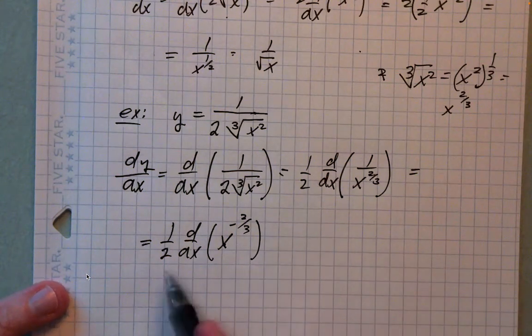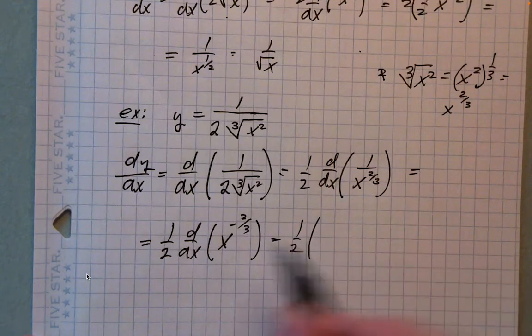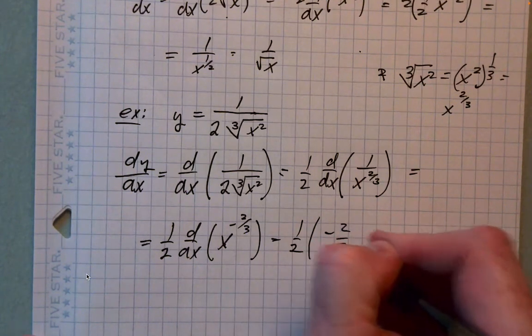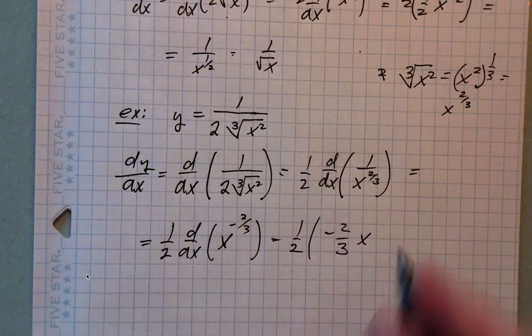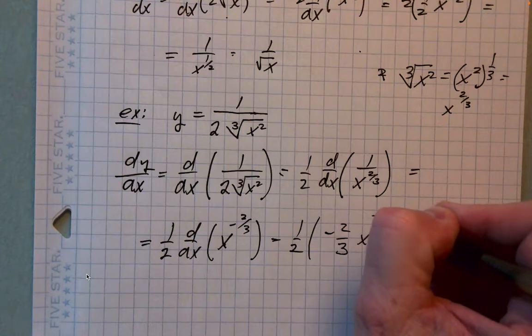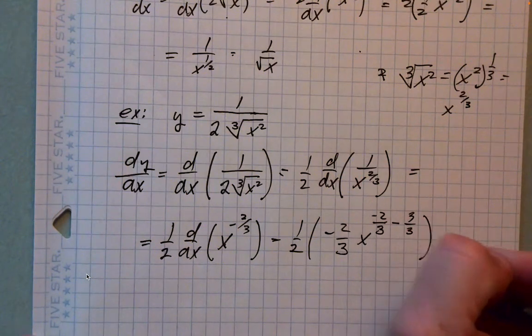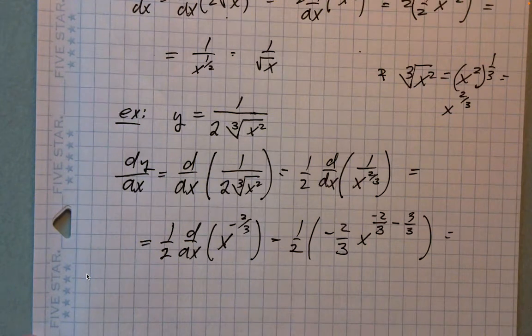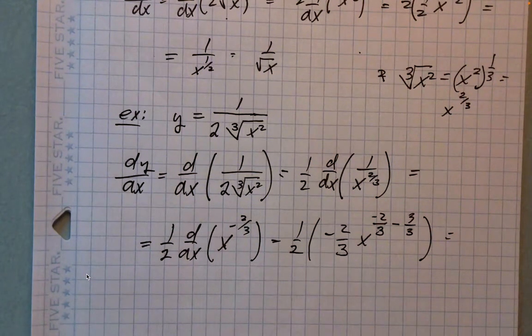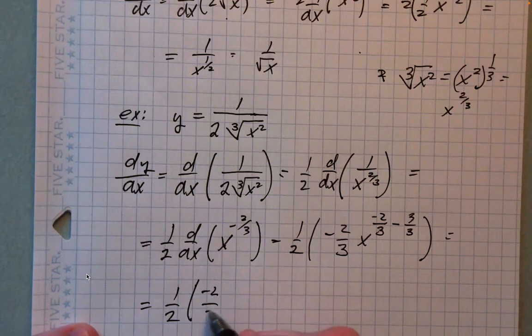All right, and then I can easily differentiate that, right? So it'd be negative 2/3 x, and then it's n minus 1. So let's just write it in there so we're careful here. Negative 2/3 minus 1, which would be minus 3/3. And what do we get there? Well, we've got the half outside, and we've got the negative 2/3.